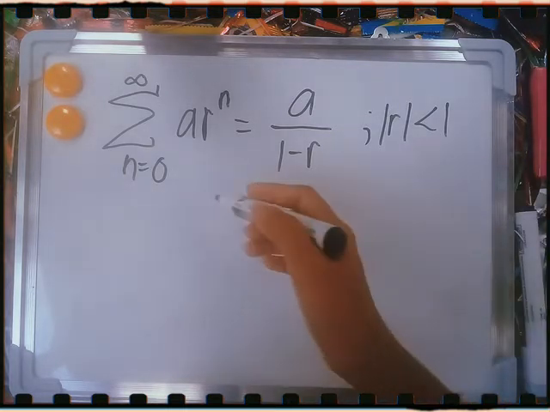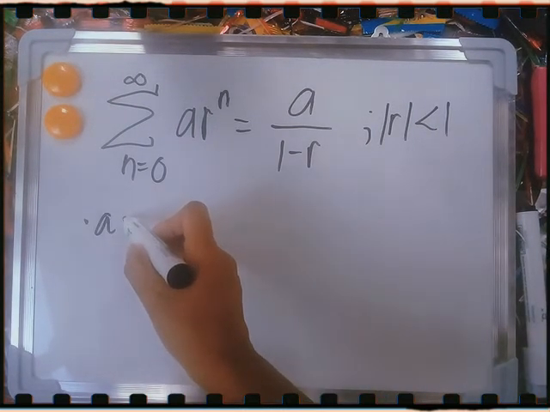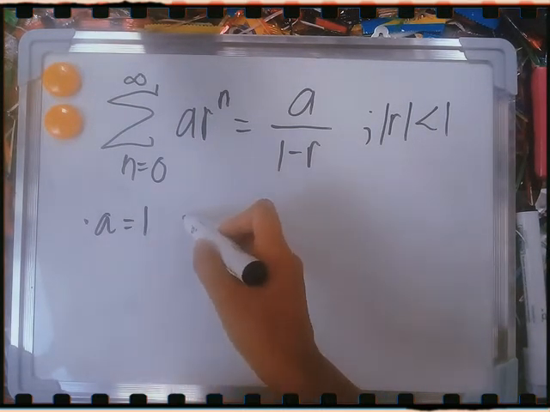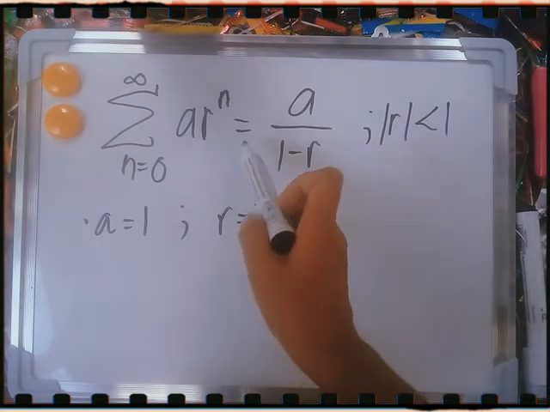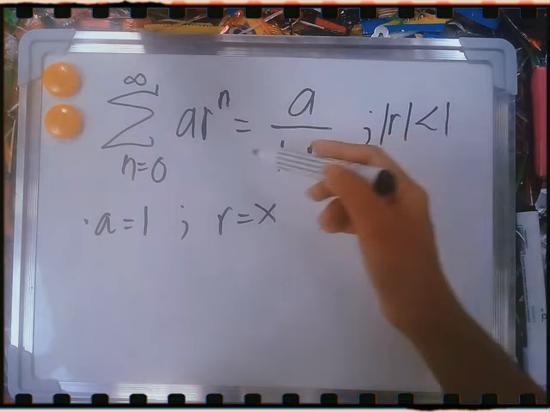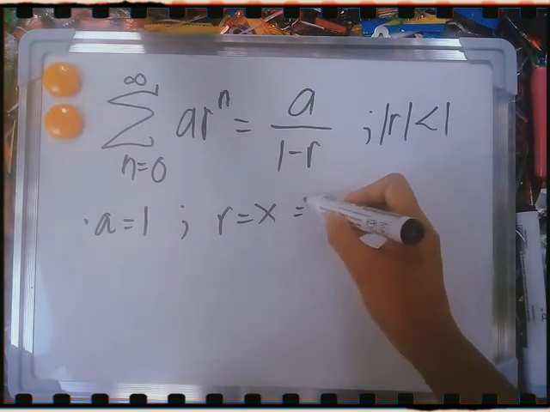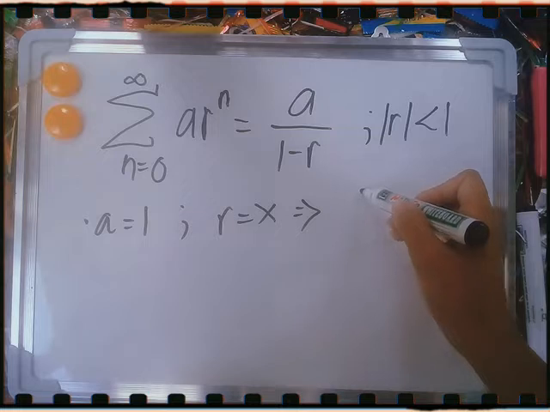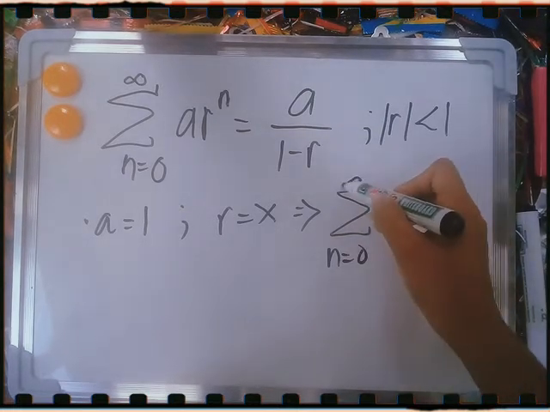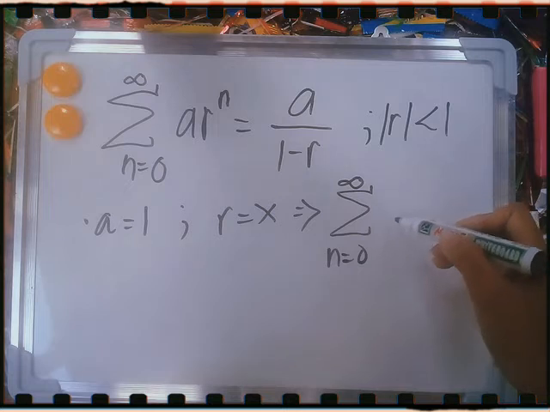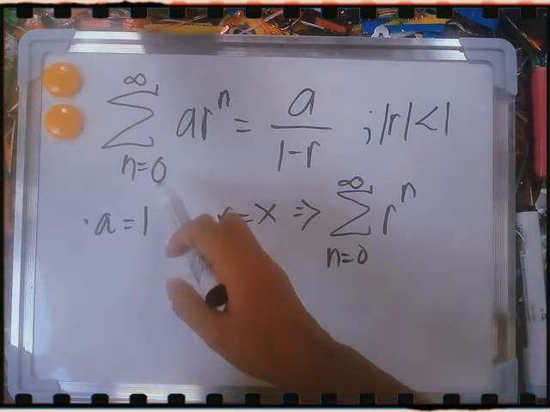Now, if we take a is equal to 1 and r is equal to x, so the whole will become the series as n is equal to 0 to infinity of r raised to n, since a is equal to 1.